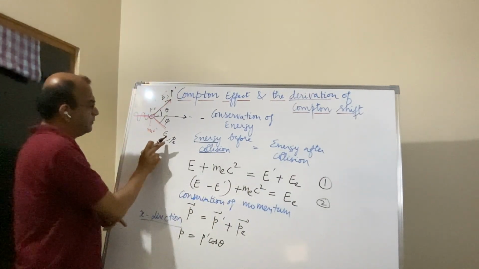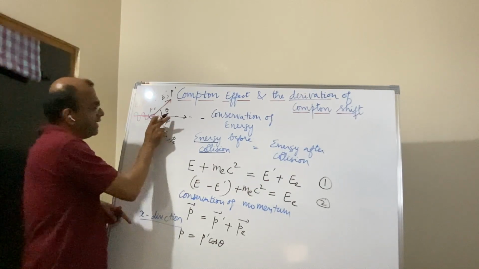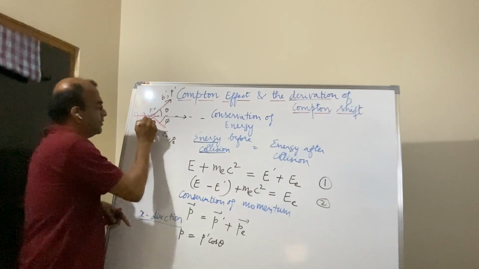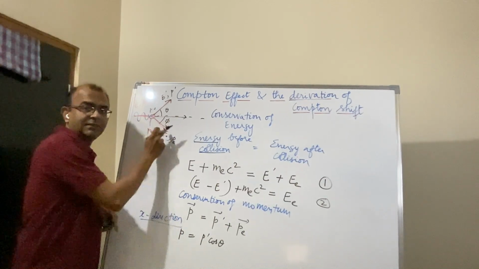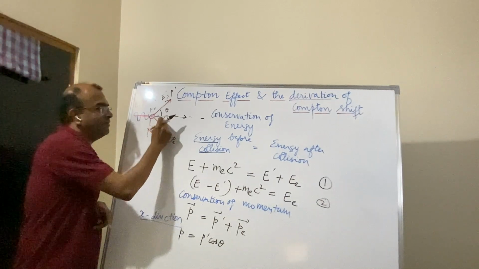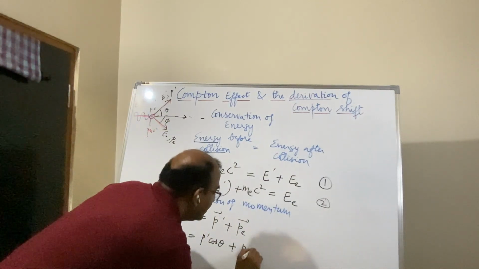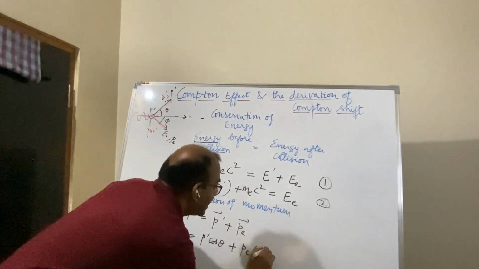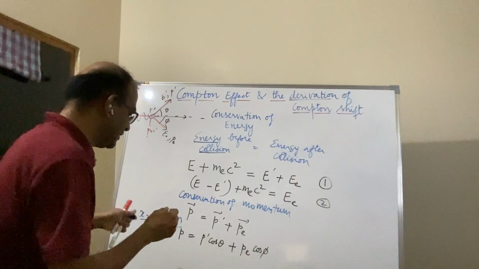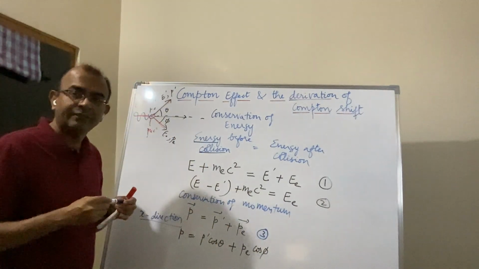And for the electron, it would be P_e cos phi, because the electron also has this direction motion or momentum. The x component is in this direction, the angle is phi there, so it is plus P_e cos phi. Let us mark this equation as equation 3 here.